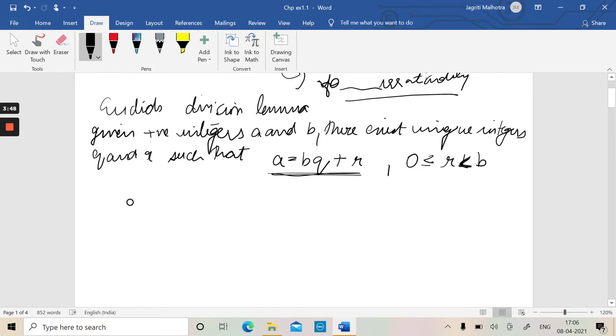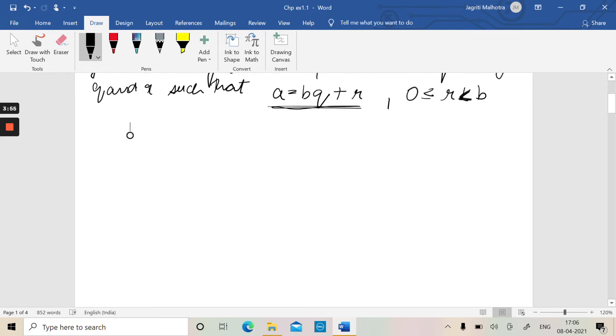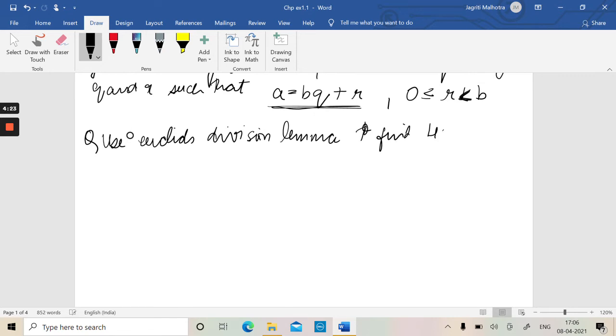Suppose we are given a question that we have to use Euclid's division lemma to find the HCF of the numbers 4052 and 12576.